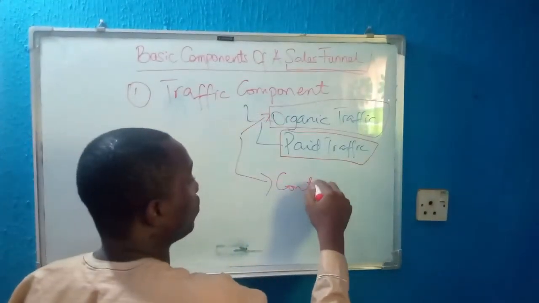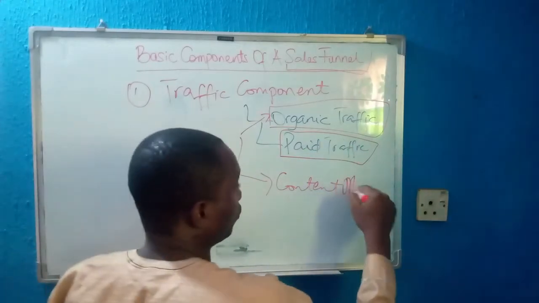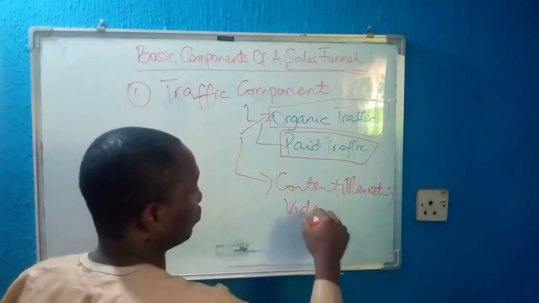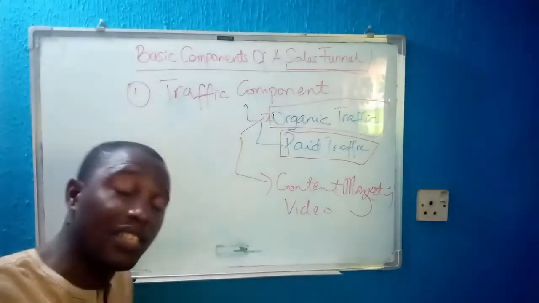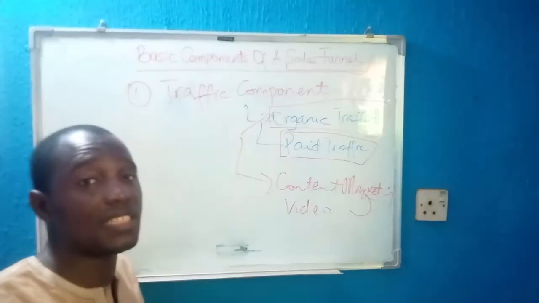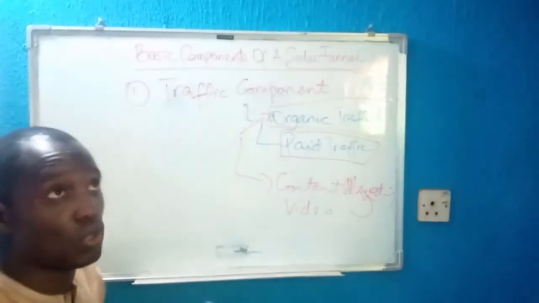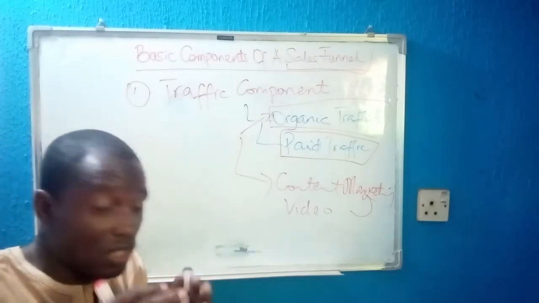With organic traffic, content marketing comes into play. Yes, content marketing also works. Video marketing: I actually did something on video marketing some years ago where I did a 28-day Facebook live video challenge. I was going live on Facebook 4 times in a week, and I did that for 7 consecutive weeks.